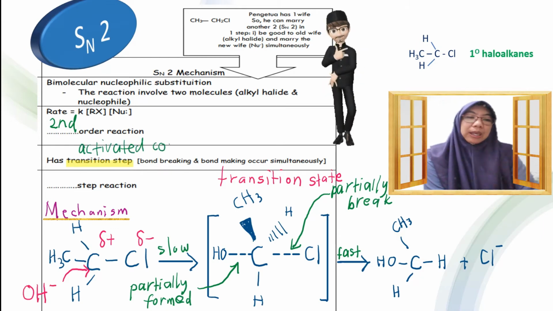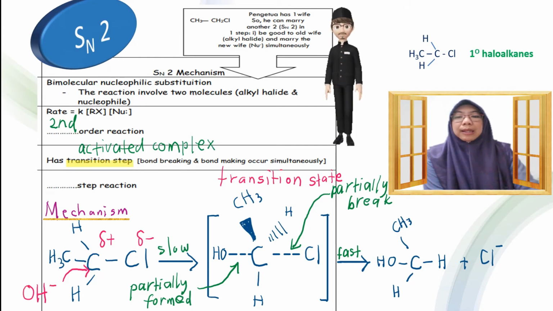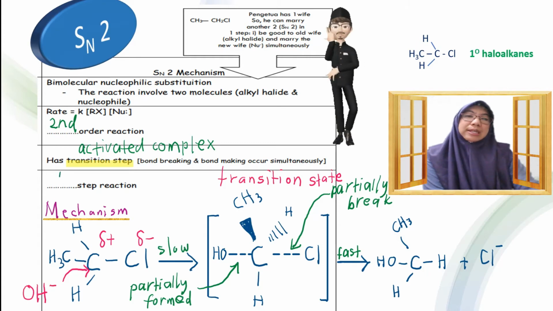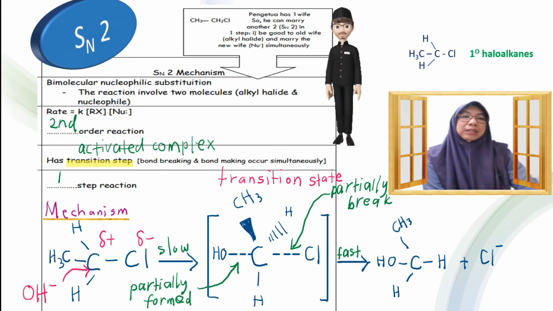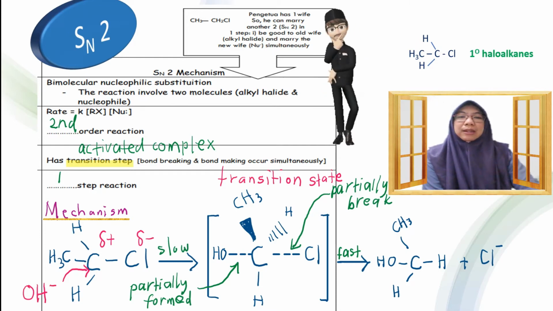Hence SN2 has only one step of reaction. So you can see this headmaster is very happy because he only has to be good to his wife, and he can marry the other wife simultaneously, in one step only. That's why he is very happy. So this is SN2.